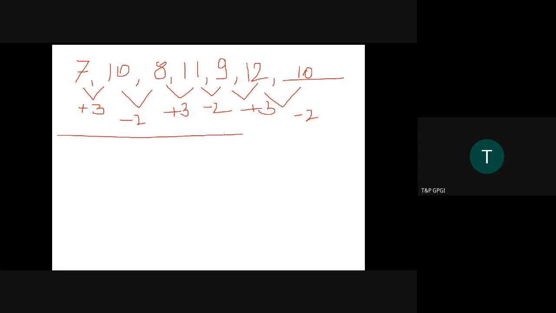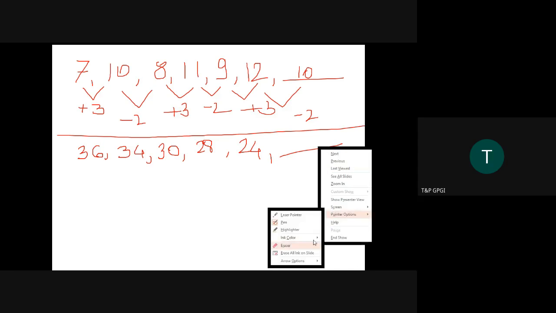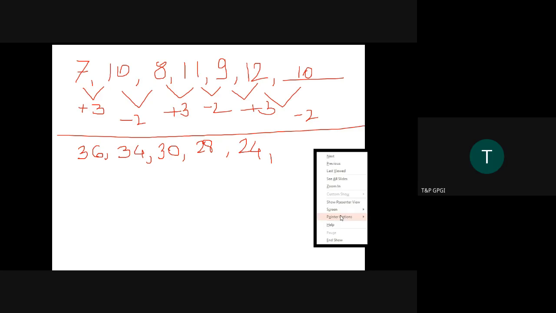Now I go for the next question here. If I say 36, then 34, 30, 28, 24, and now what will come here? What will come after 24, that I have to find.